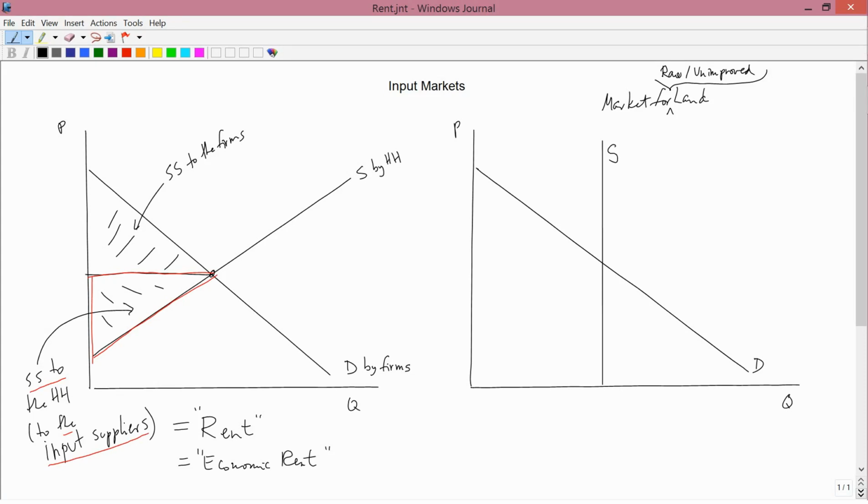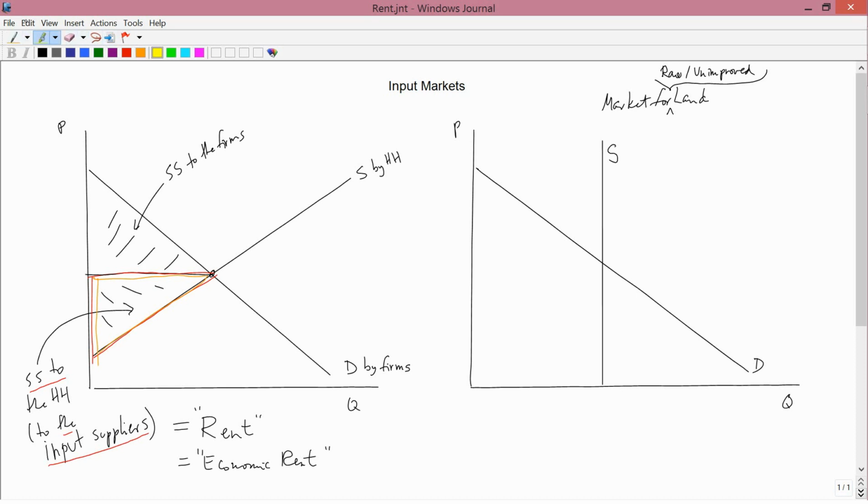Now, think about what that does to this area of social surplus that goes to the input suppliers. So I'm drawing it now on the left-hand graph, but what happens if I draw it on the right-hand graph? Basically what you need to do is think about the left-hand graph.